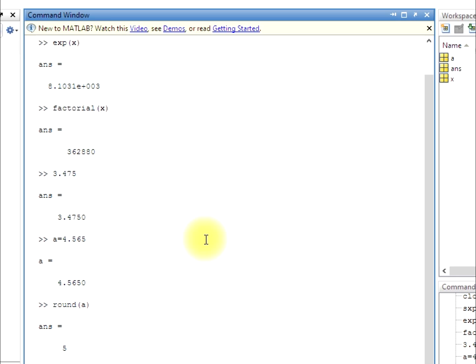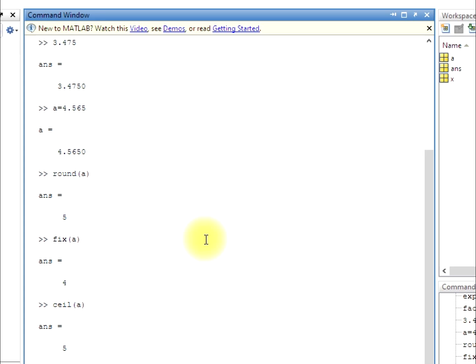Now there is another command which is called the fix command. Let's do that and see it. The fix command will take it toward the lower portion, that is toward 4. Other commands are ceil, which will take you to the upper value, and there is another command, that is floor.